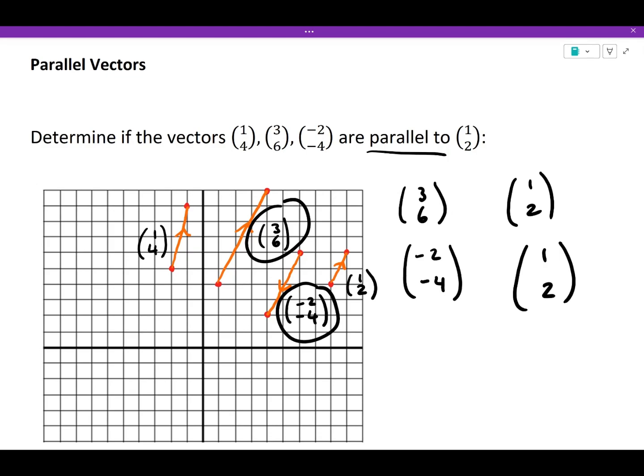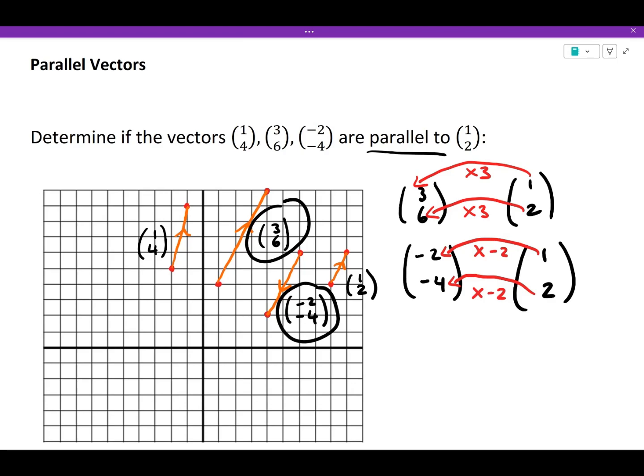Well, if we look at our horizontal components for this first one here, in order to get from 1 to 3, you'd have to multiply by 3. In order to get from 2 to 6, you'd have to multiply by 3. Let's check for the other one. To get from 1 to -2, you'd have to multiply by -2. To get from 2 to -4, you'd have to multiply by -2.